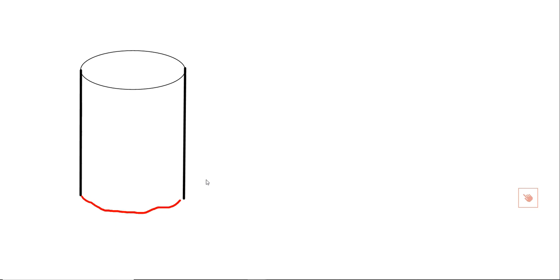So if we want to know what the surface area of a cylinder is, we have to consider that there is a circle on either end, okay? And then what does the curved surface look like? It's a rectangle.